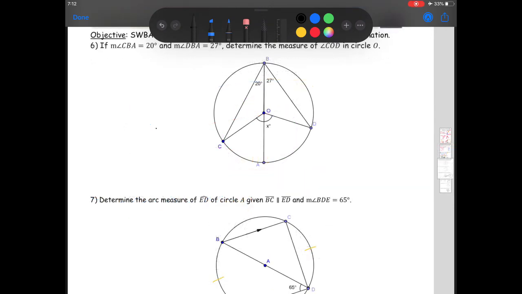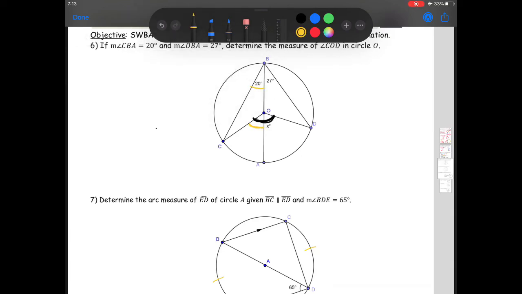Always go back to your question. It says measure of angle CBA is 20 and measure of angle DBA is 27. Determine the measure of COD. I want to find this whole thing, x, right? Okay, what's the relationship between the angle, inscribed angle? I'm just going to use a different color so that we see it. What's the relationship between this angle and this?